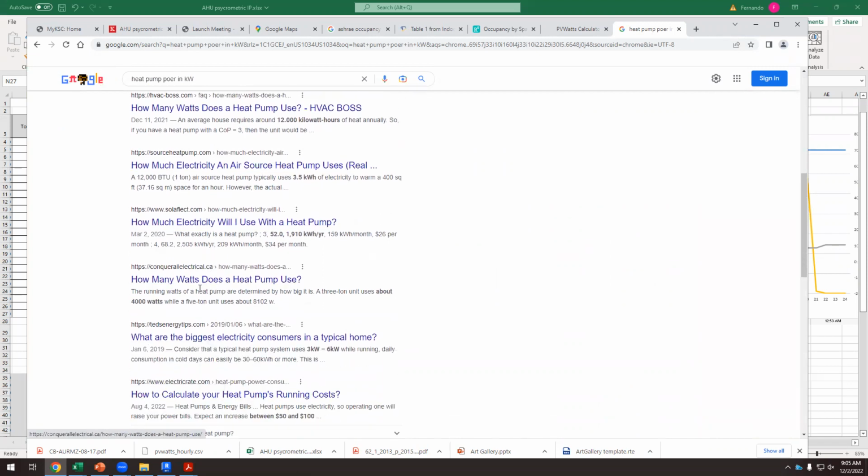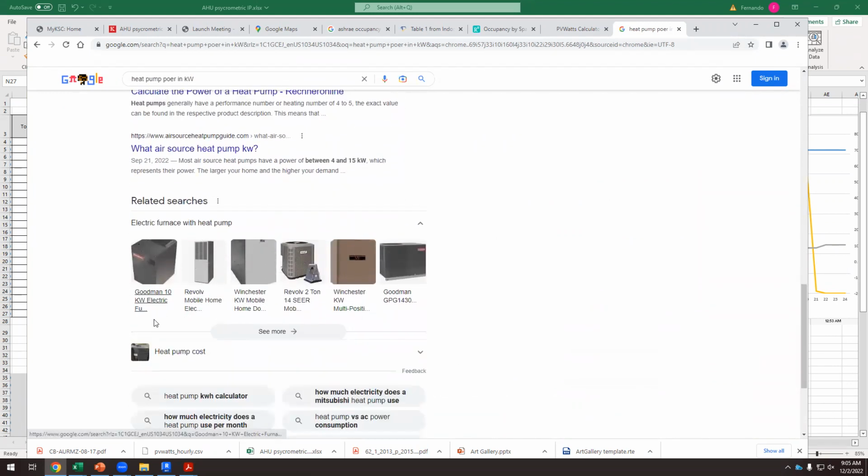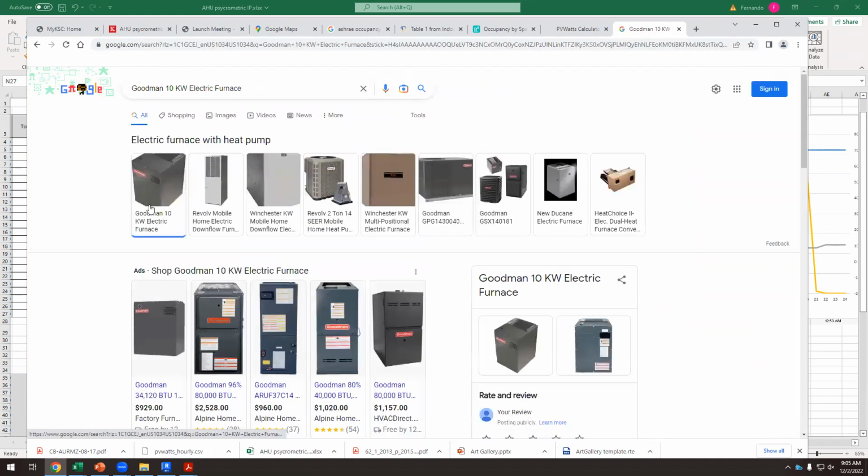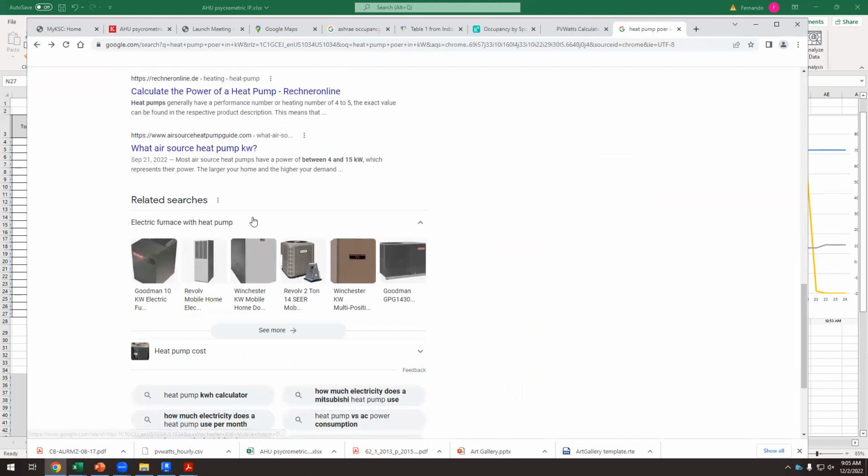We will have to select a heat pump. This is 4,000 watts, 4 kilowatts, it's not enough. Okay, so I have to find something with, okay, this is 10 kilowatts, that would be good. If this is 10 kilowatts, and it's an electric furnace, no, I want a heat pump. No, those are electric furnaces, I don't want this.